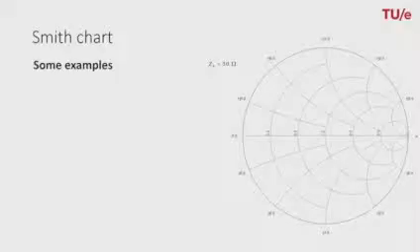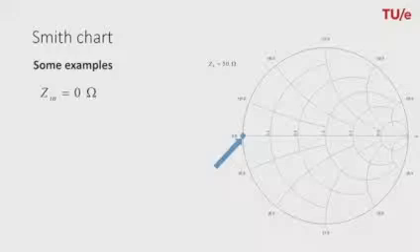One of the most simple examples could be a short circuit where the input impedance is equal to 0. The associated reflection coefficient would be equal to -1. So that means that this particular point would pop up at the left side of the Smith chart along the horizontal axis. In case of an open circuit, the input impedance would be infinite and the reflection coefficient would be +1.